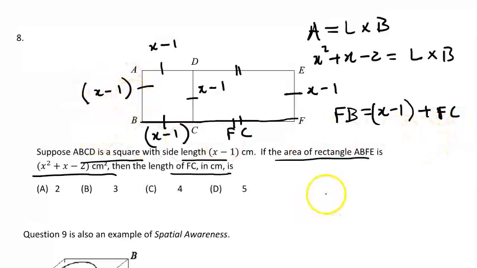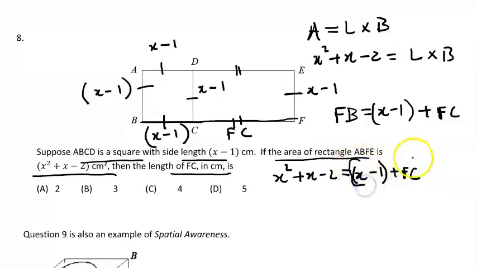So we can now formulate an equation. So we've got x squared plus x minus 2 is equal to x minus 1 plus FC, that's our length, so let's put it in brackets, times x minus 1. Okay, let us factorize this.